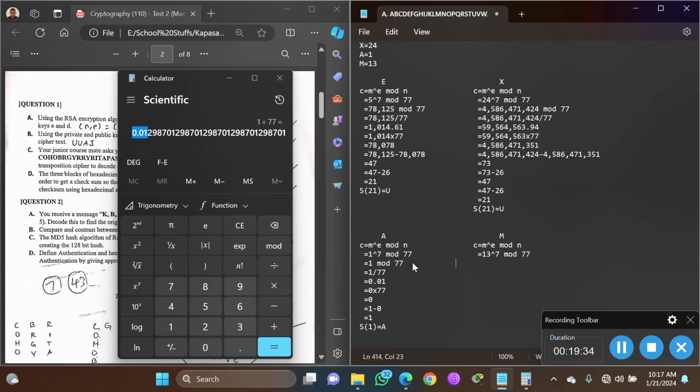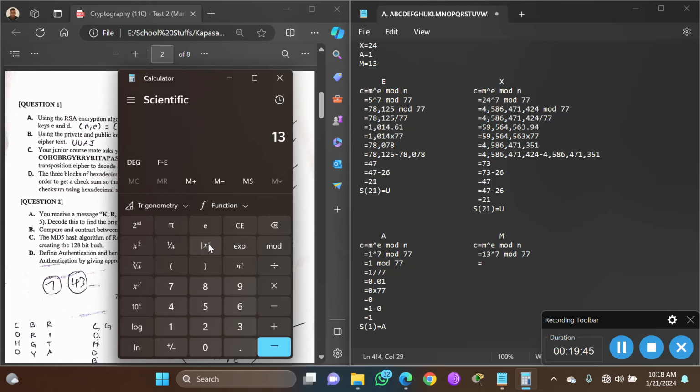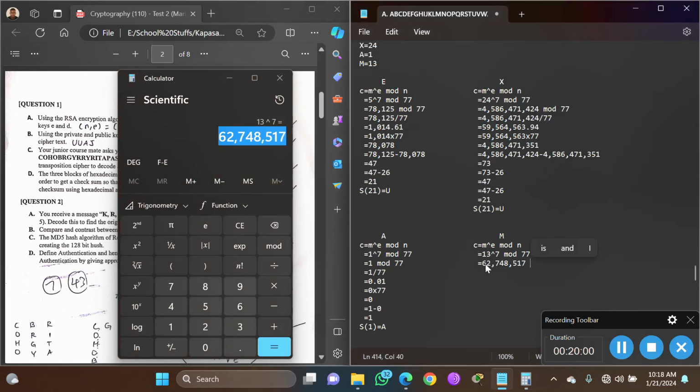By this time you are used to how to calculate these. Just go on our calculator and say 13 power 7. So we get this number. Then remember it's mod 77. Make sure you're showing all the steps for you to earn full marks.